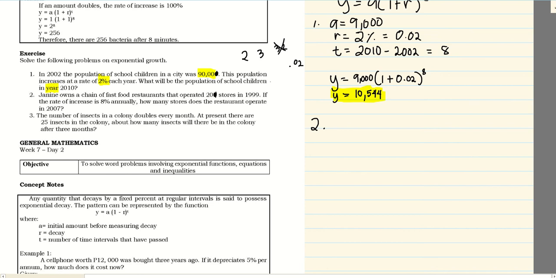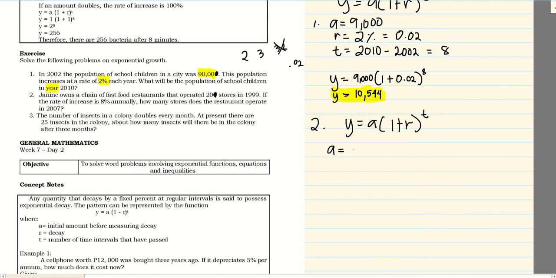Okay, so Janine owns a chain of fast food restaurants that operated 20 stores in 1999. If the rate of increase is 8% annually, how many stores does the restaurant operate in 2007? Let's go back to our formula, which is a(1 + r)^t.